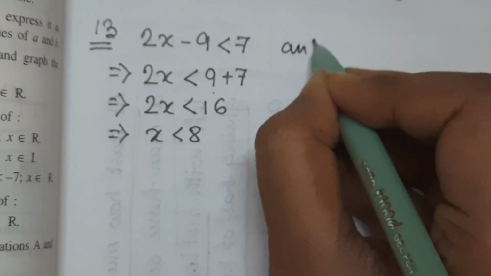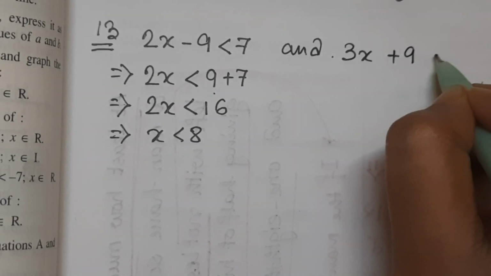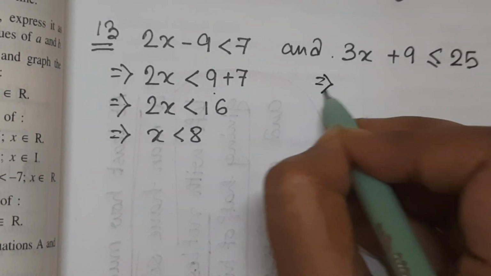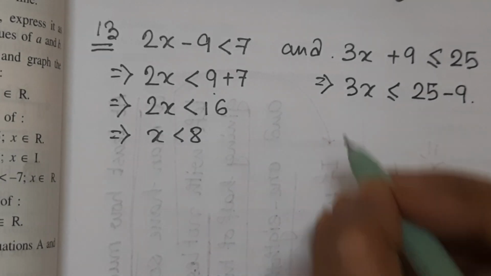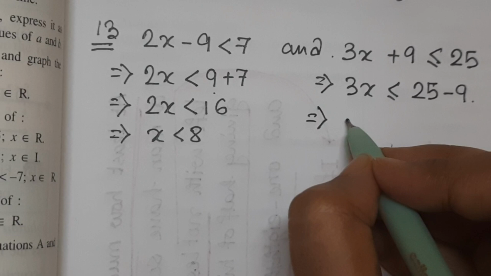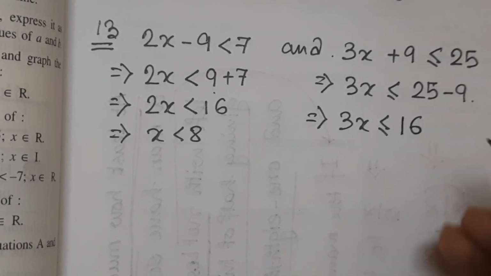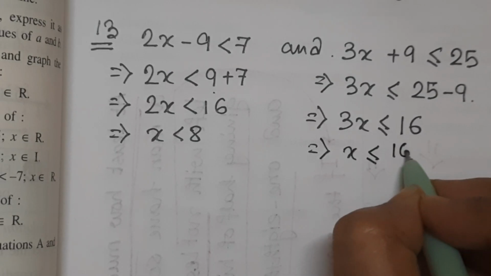Now, and 3x plus 9 is less than or equal to 25. That means 3x is less than or equal to 25 minus 9. Now x is less than or equal to 16 by 3.